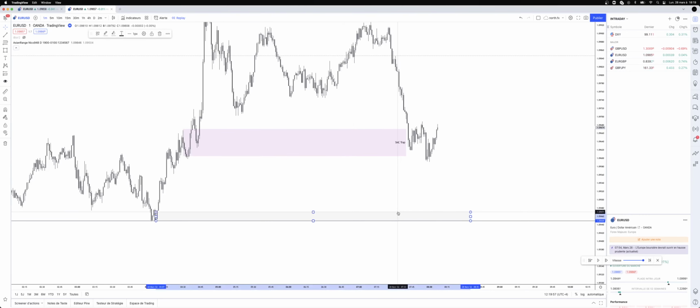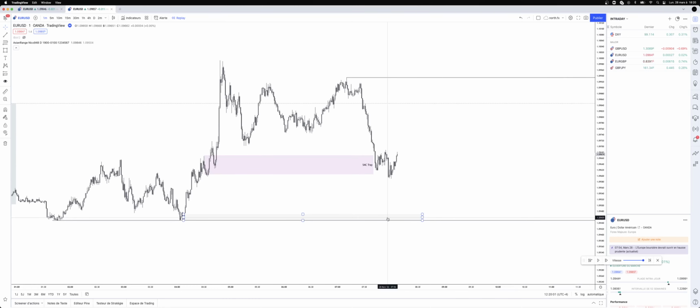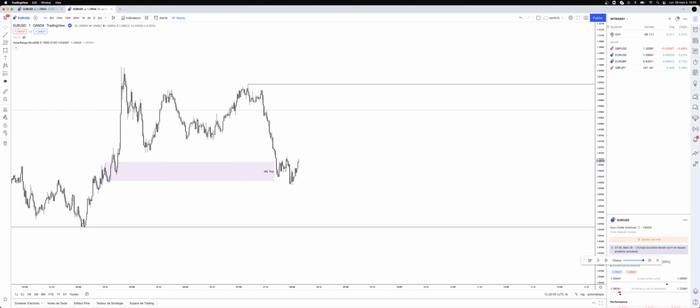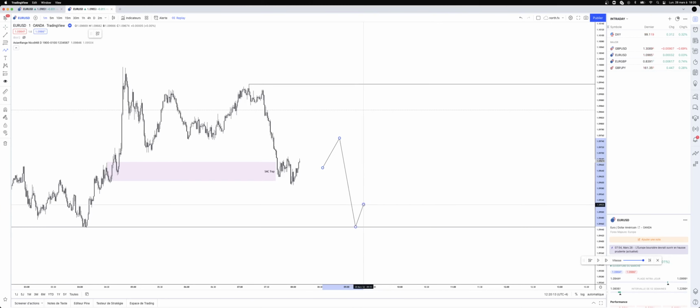I decided to choose this POI because a lot of SMC traders want to wait for a break of structure, but in the real case we didn't have a break of structure. Sometimes the price comes back here, and a lot of people want to wait for that and that to enter.